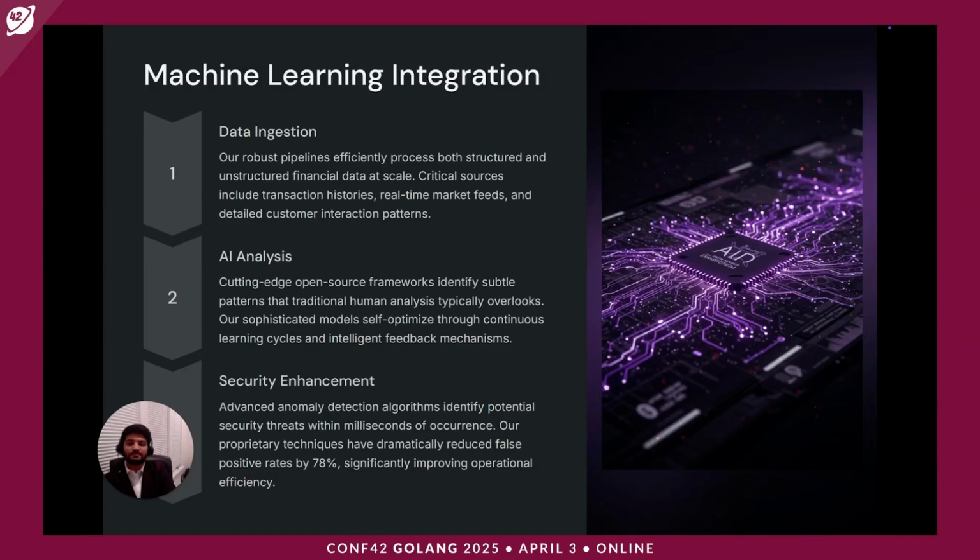With the help of AI-powered analysis, our models uncover patterns that humans might overlook, such as predicting which customers are likely to default on loans and identifying trading opportunities in volatile markets. On security and fraud detection, our AI reduced false positives by 78%, ensuring that legitimate transactions go through without unnecessary blocks.